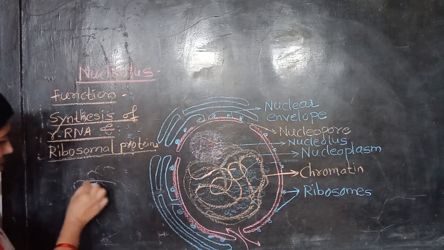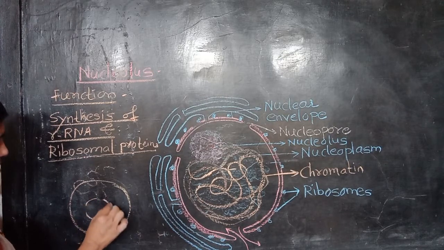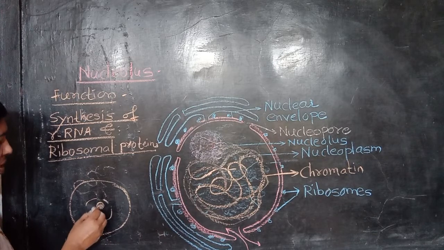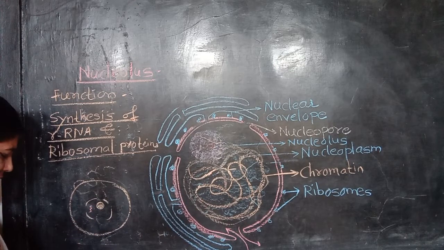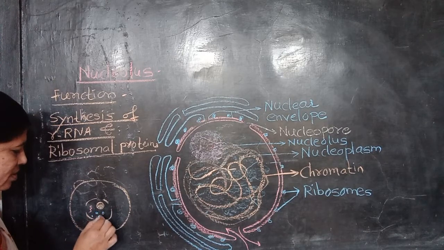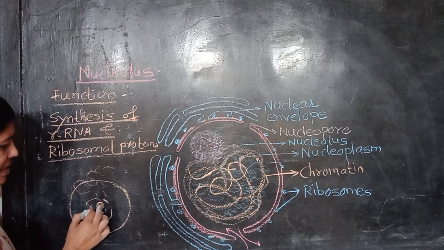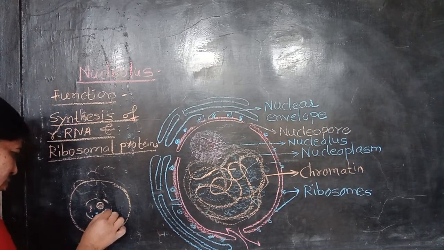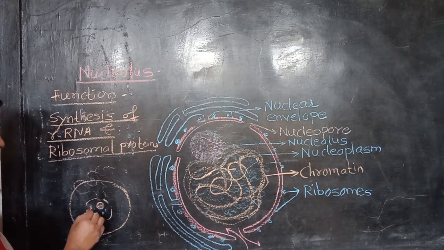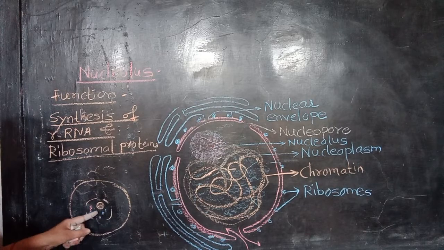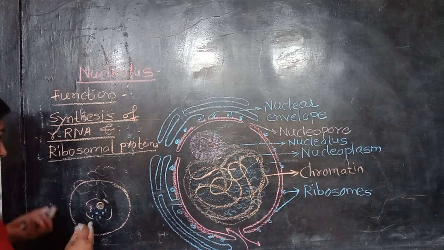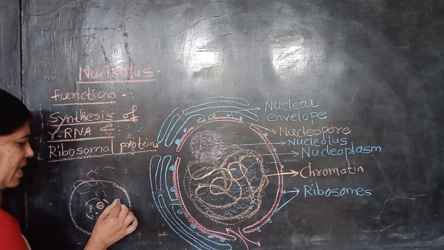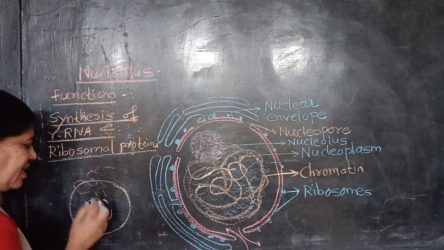So if this is the cell, and this is the nucleus, and this is the nucleolus, then synthesis of rRNA, that is ribosomal RNA, and ribosomal protein takes place inside the nucleus by this nucleolus. Then this ribosomal protein and ribosomal RNA move out from the nucleoplasm and enter the cytoplasm, and then they assemble.